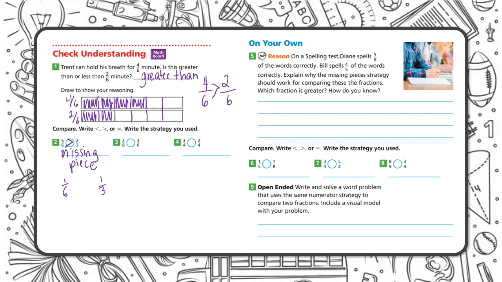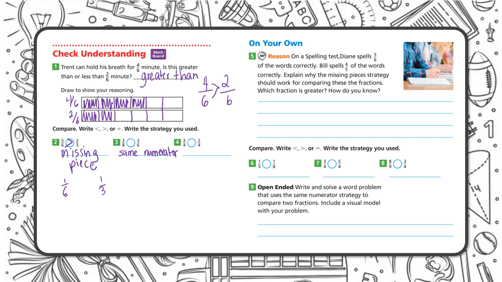Number 3, 3/8 and 3/6. Well, I'm going to use same numerator because they each have a numerator of 3. Okay, then I take a look at my parts. One of them is broken up into 8 parts and the other one is broken up into 6 parts. 6 parts means that the parts are greater.